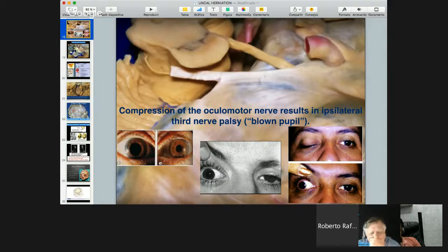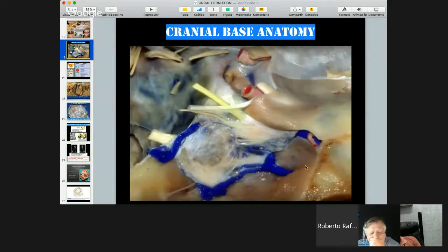This is the same in a cadaver specimen, the third nerve and the free edge of the tentorium here. This is the middle fossa.